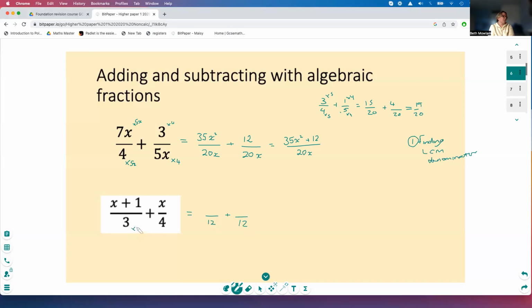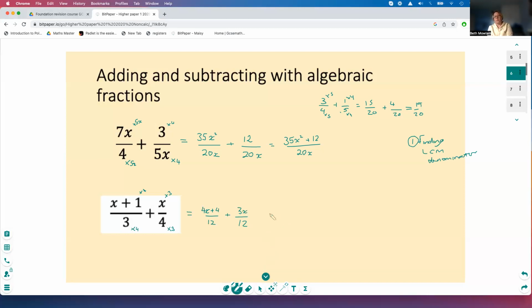So I've timesed this one by 4, which means I've got to times the top line by 4. Remember, when you're timesing it by 4, you could put 4 bracket x plus 1 close bracket, or you could do 4x plus 4. I timesed the 4 by 3, so I've got to times this one by 3, and I get 3x.